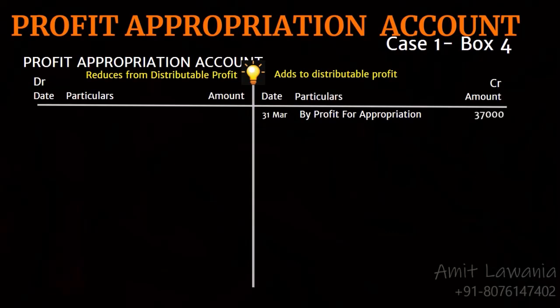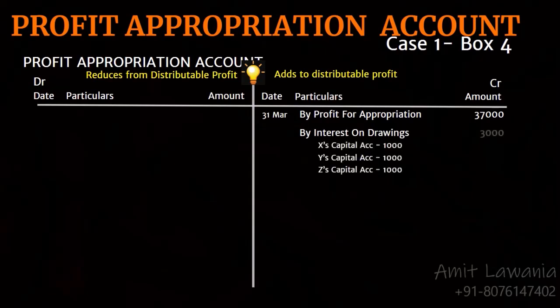Rupees 37,000 in this case. Next, all adjustments will be taken from box 2, like the interest on drawings. Write down the breakup for each partner and the total. Rupees 3,000 in this case. This has come from box 2.